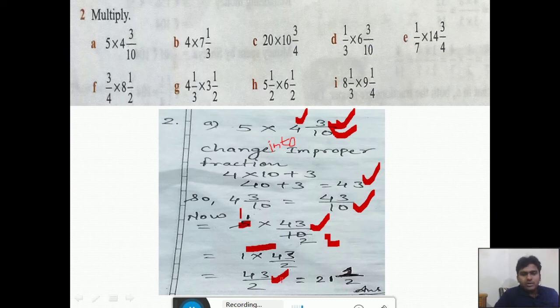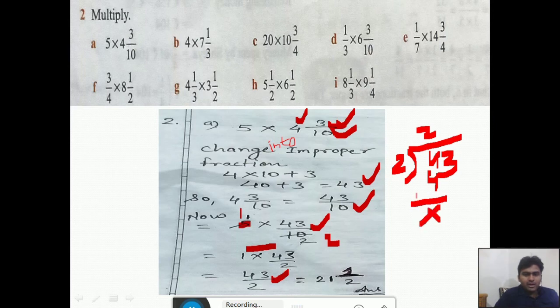How to change it, that also we have seen in the earlier video. So write the 43, the numerator, here, and then the divisor, the denominator, is here. Now 2 2s are 4, so write down 4 here. Then nothing is left after subtracting. Now 3 we will write here.